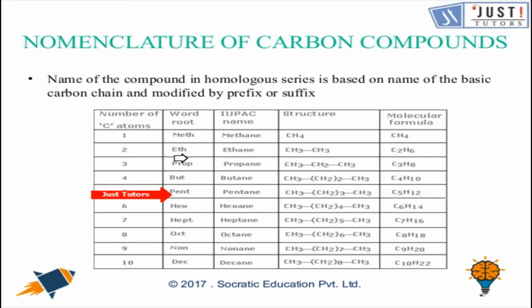And if we have a double bond, like alkene, we have ethene, propene, butene, like that. And if we have a triple bond, we say ethyne, propyne, butyne, like that. So if we are converting alkane to alkene, there is a rule.